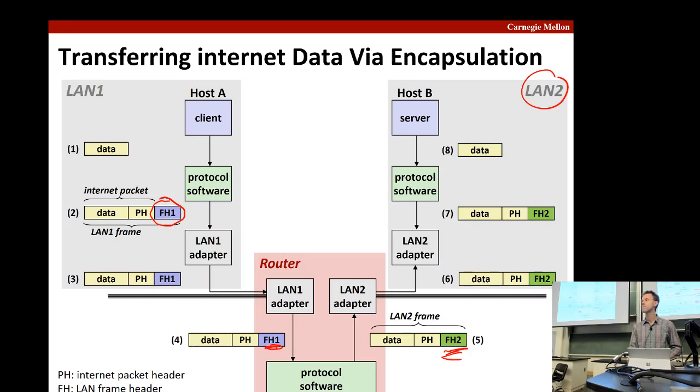Yes? What's the point of the frame header? Why is that necessary if it's just being replaced? Because the frame header is what's used within the LAN. So I mentioned in an earlier slide that each LAN communicates between the hosts, like through the hubs and bridges, in units of what's called frames.